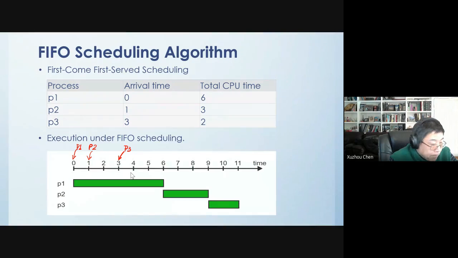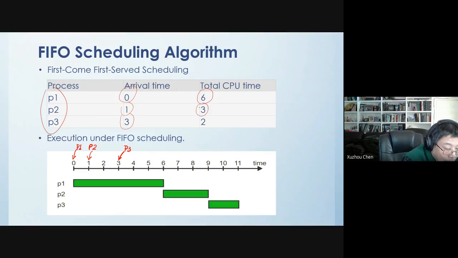Now this is an example. I have 3 processes, and these are the arrival times for each process. Process 1 arrives at time 0, process 2 arrives at time 1, process 3 arrives at time 3. And the total CPU time for each process is 6, 3, and 2.